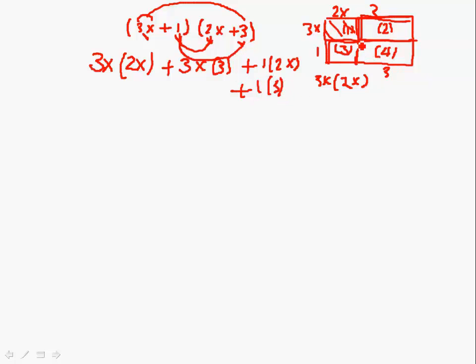So, by drawing a rectangle and dividing it into 4 regions, you will remember how to multiply two binomials.